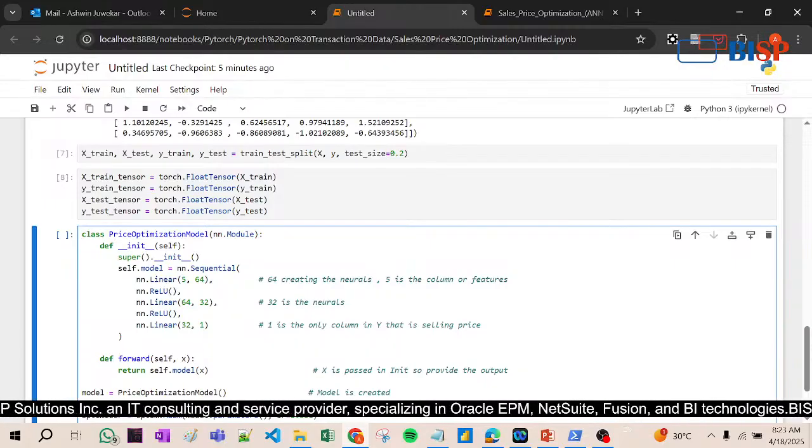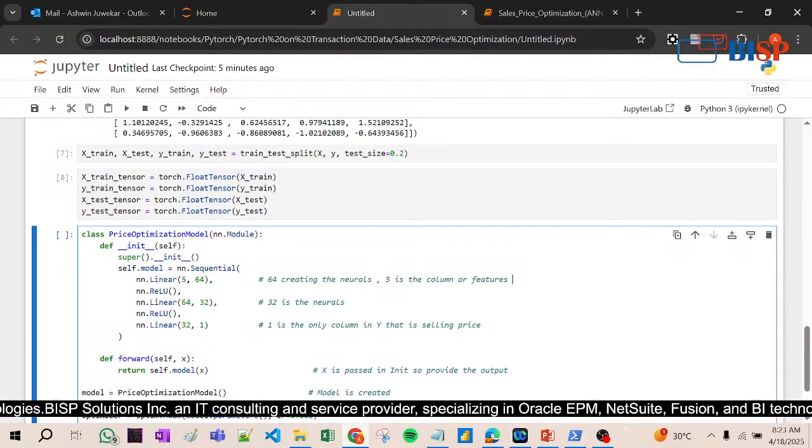Exactly, 64 means what? These are 64 hidden neurons on the basis of which, for example, if I take an interview of a student, of a candidate, what I will do is test it, number one, for English communication, then I will test it for technical. Okay, let's take 2 only. So here it is called only 2 hidden layers of neurons, right?